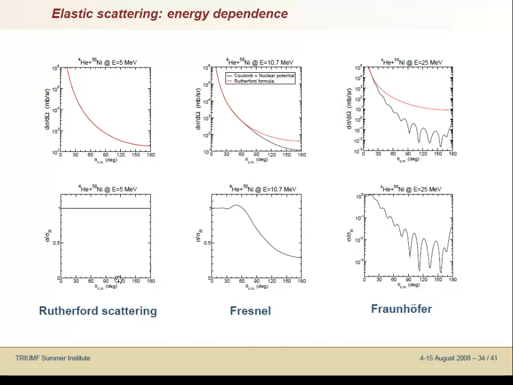So eventually, at some point, we will expect some departure from the pure Rutherford formula. This is out of this plot probably, because we don't see this departure, but clearly there will be some difference between the two expressions at some point.